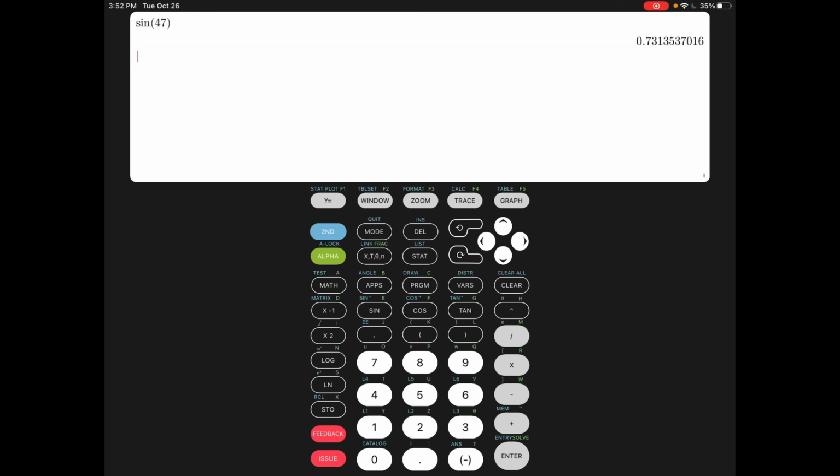I'll type in tan of negative 3 pi divided by 5. There we go, and I get 3.08. The last one was 1 over cos 60, so 1 over cos 60. And again, I just copy down the answer, negative 1.05.